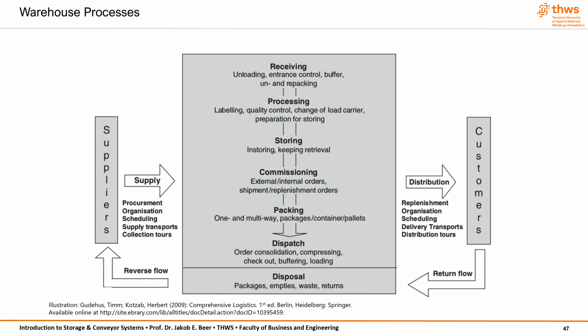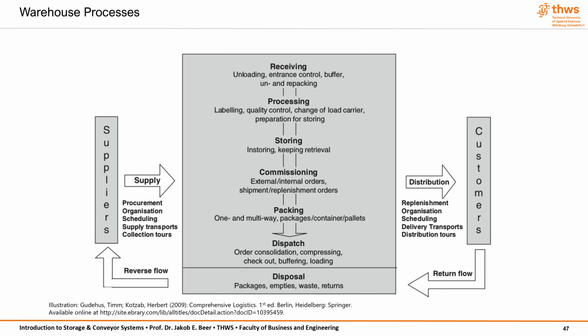And each process must be designed based on a clear understanding of the business model, the product characteristics, and the customer requirements. For example, a warehouse serving a retail apparel chain will have very different picking and packing processes than a warehouse supplying spare parts to an automotive manufacturer.